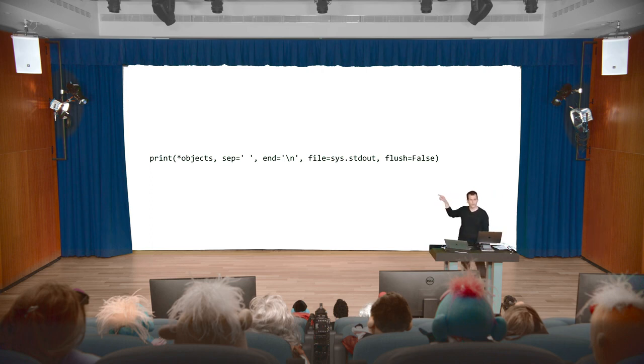We had end, the default value of which was a new line, and then some other named arguments that we waved our hands at then, and I'll again do now. But what you can now perhaps infer from our emphasis on these asterisks today, the single stars or the double stars, is that, you know what? This is the convention in Python's documentation to indicate that print takes a variable number of arguments.